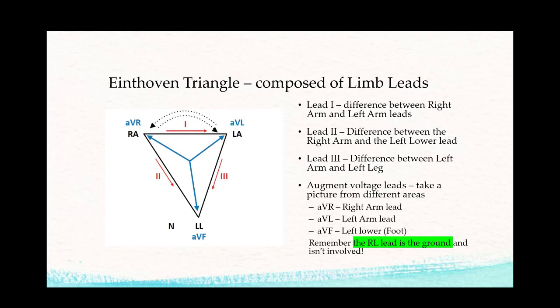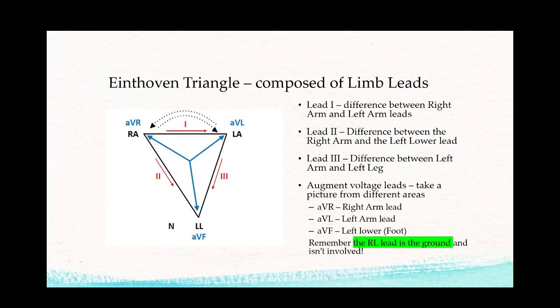So if you think about that, where those leads are positioned, that's looking at the top part of the heart. So it's looking at the electrical difference between these two leads. And it creates a picture of that difference. And that tells us what's going on with the top part of the heart.